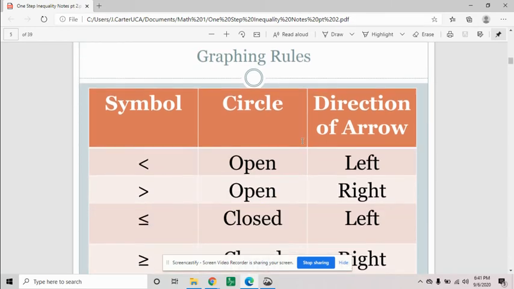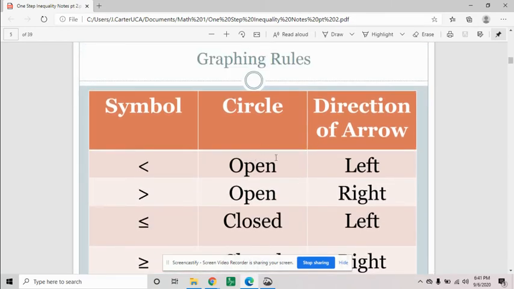So when you're graphing these on our number line in just a second, this symbol, again, less than, because it is not equal to that number, you're going to leave an open circle at that number. And again, the arrow tells you which direction to go. We're going to go to the left.